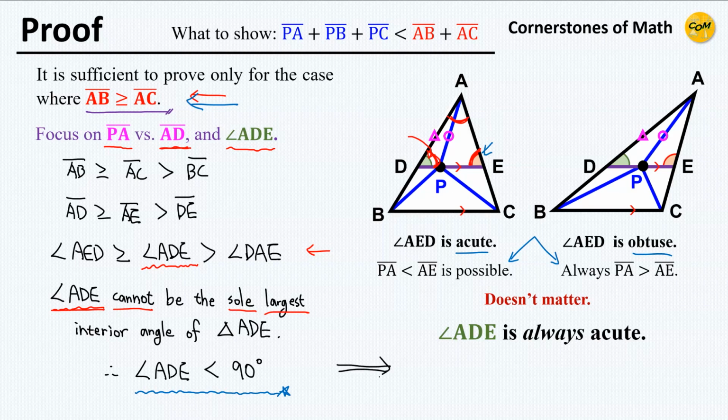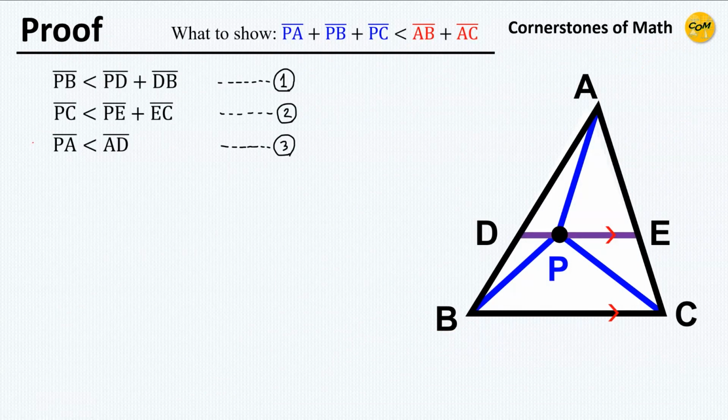And because of this acute angle property, we can guarantee that length PA is less than length AD. Let me emphasize this again. This inequality is guaranteed to be true because angle ADE is an acute angle. So now that we have obtained inequalities on PA, PB, and PC, we can add them up to obtain our desired expression.